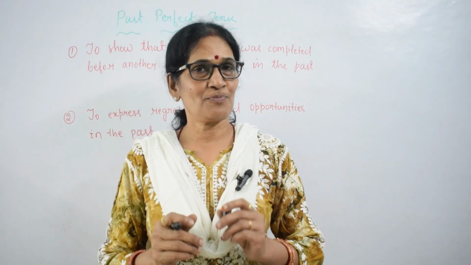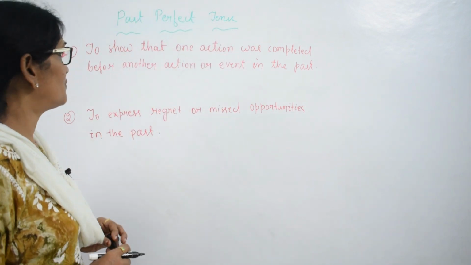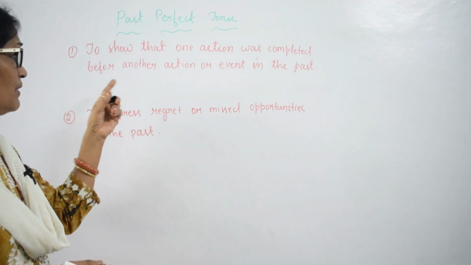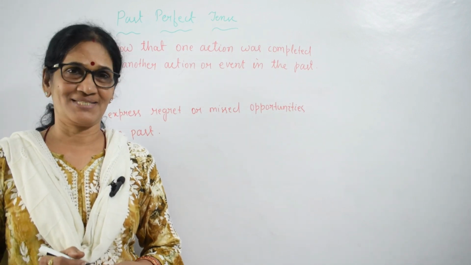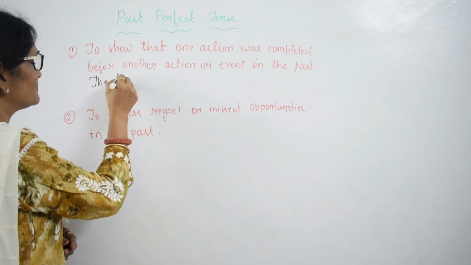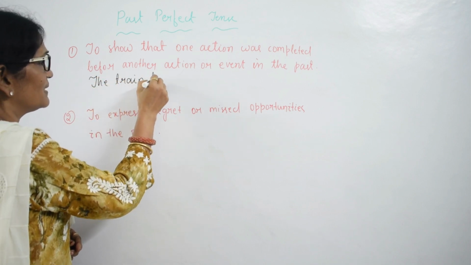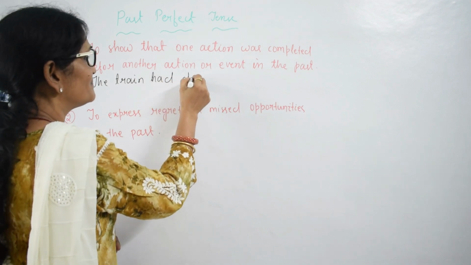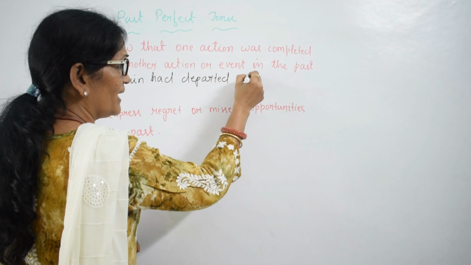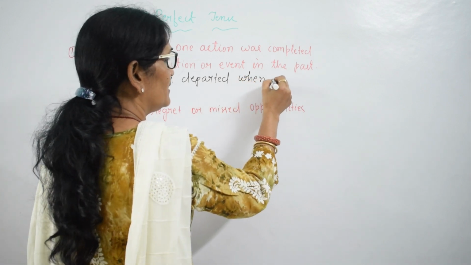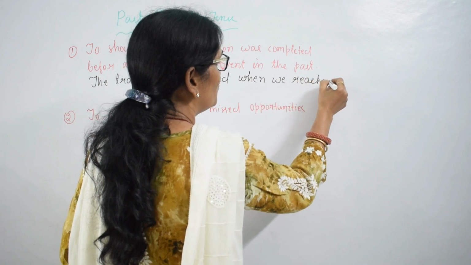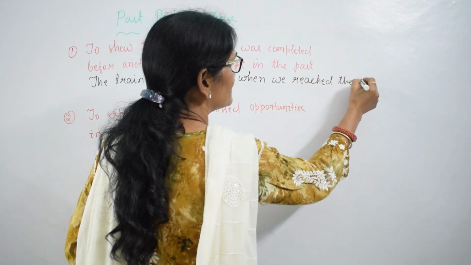Let's get to past perfect. We use past perfect to show that one action was completed before another action or event in the past. For example, the train had departed when we reached the station.